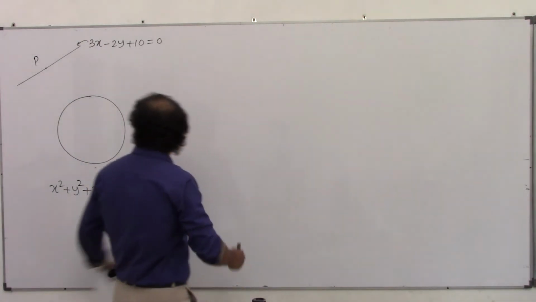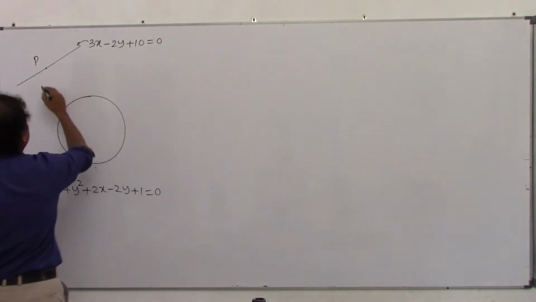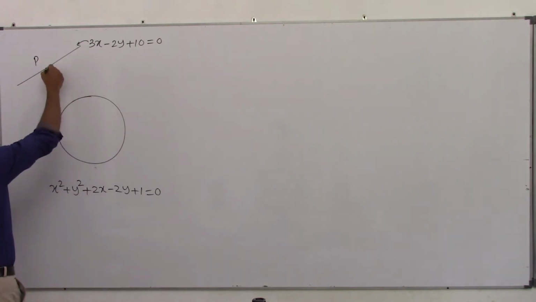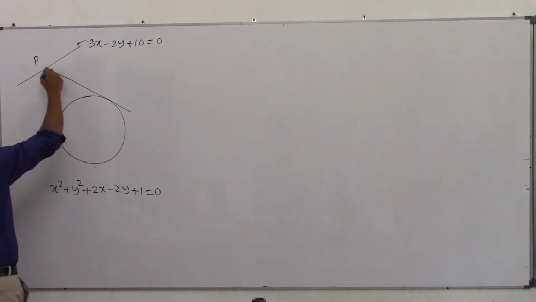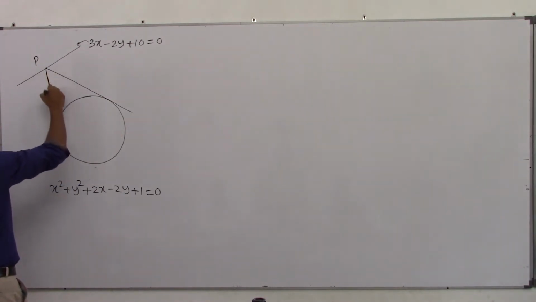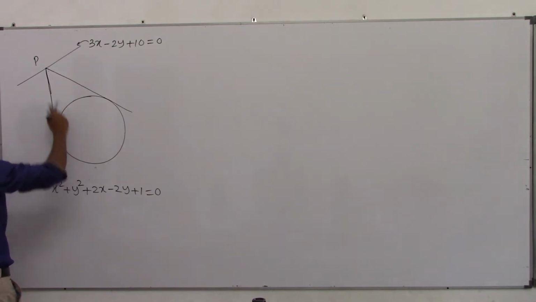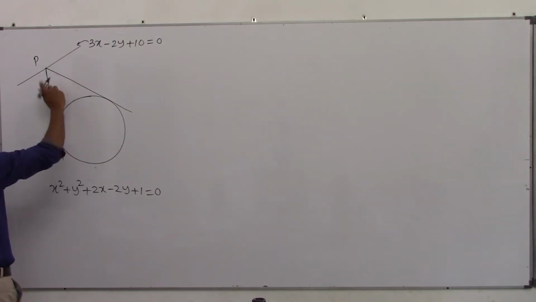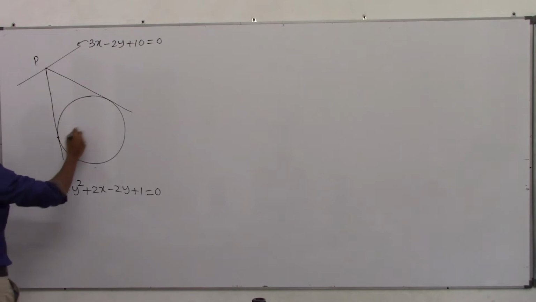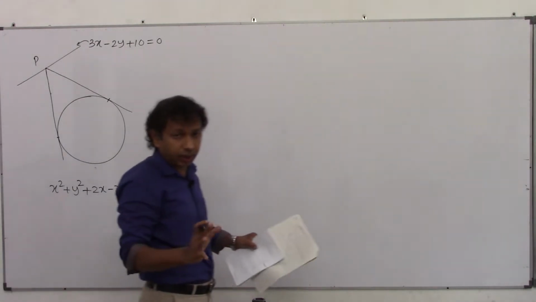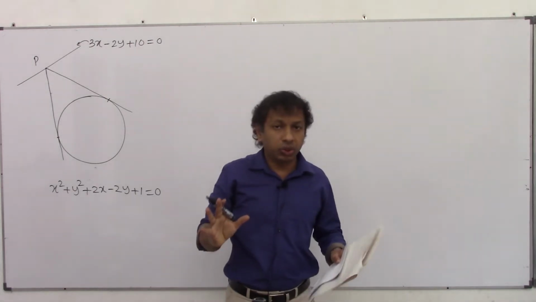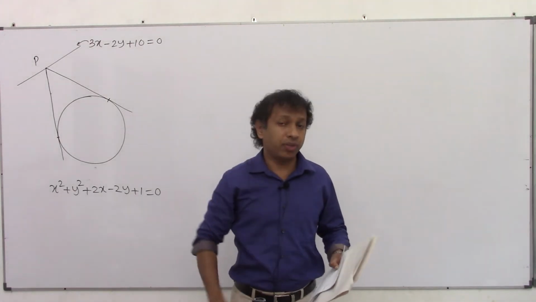Now from here, two tangents are drawn to the circle like this. The two tangents touch the circle at two points. The two contact points we can join by a line.